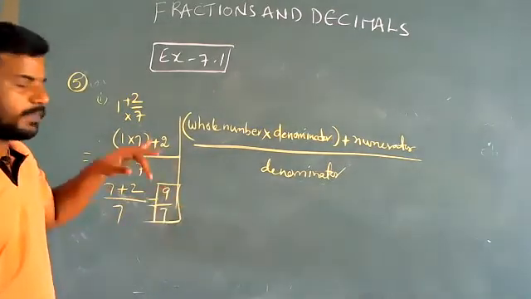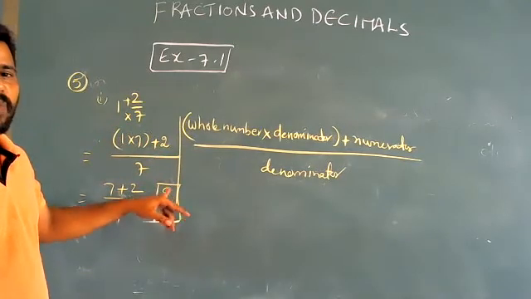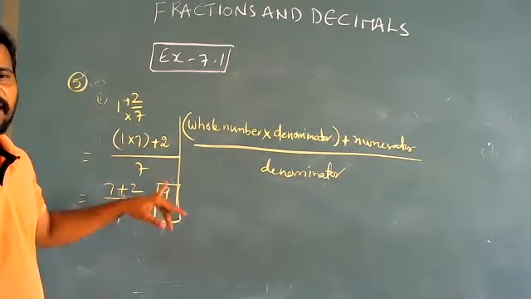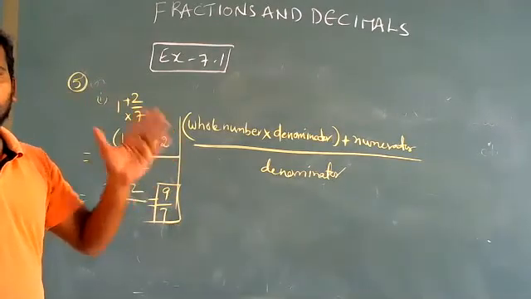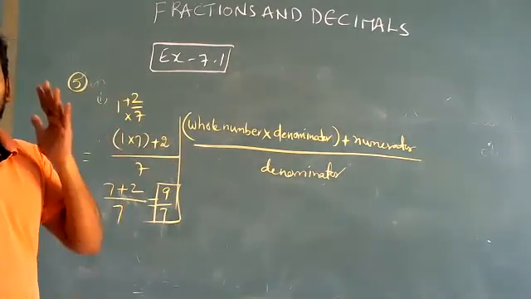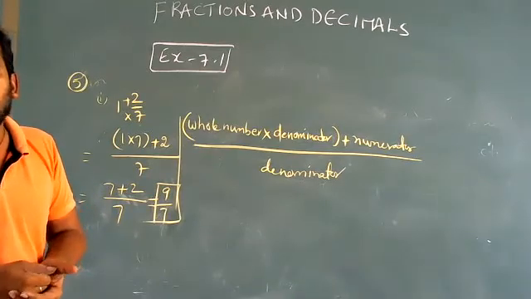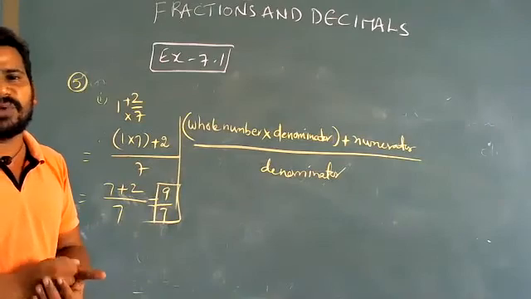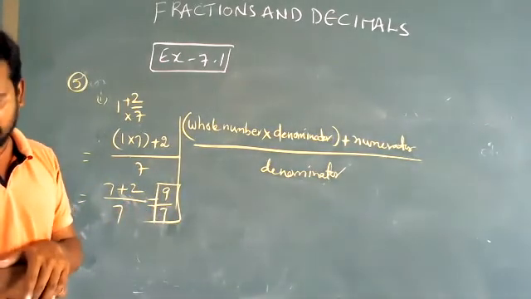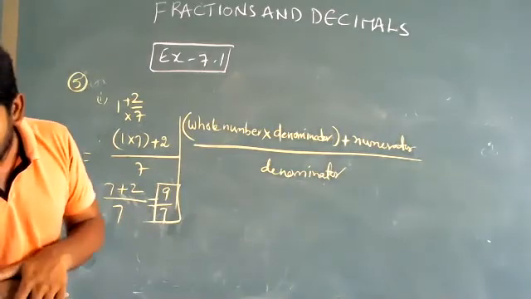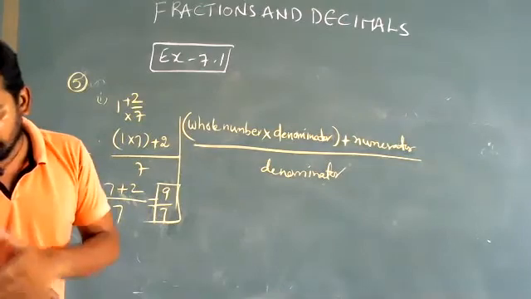Observe the numerator and denominator of this fraction: 9 is greater than 7. A fraction whose numerator is greater than its denominator is called what, children? An improper fraction. So 9 by 7 is an improper fraction. Clear?